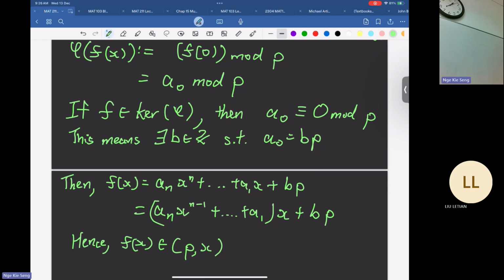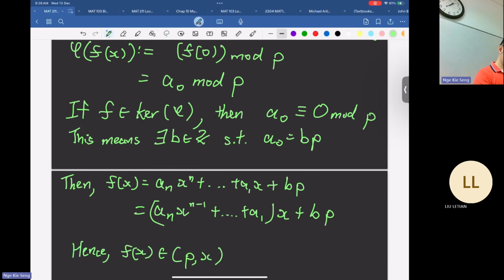So does this make sense for a polynomial ring other than the integer ring or real number ring? What statement is true?